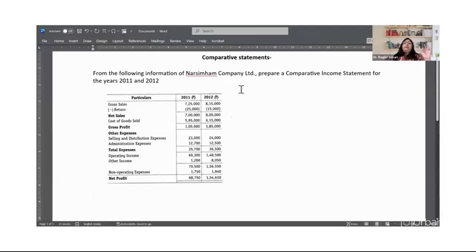It says this company, Nursing Home Company Limited, prepares a comparative income statement for the year 2011 and 12. These are the figures. As you can see, this is the statement of profit and loss which is given, and we need to compare this. Let us start doing the comparison part.